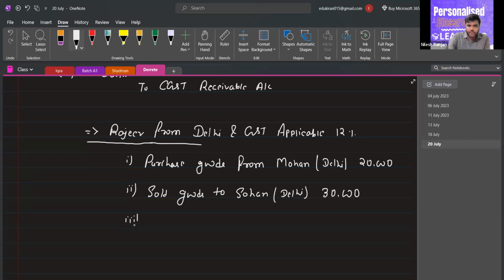And third, sold goods to Vijay, Jaipur, 20,000. Please do the journal entry for these three transactions.